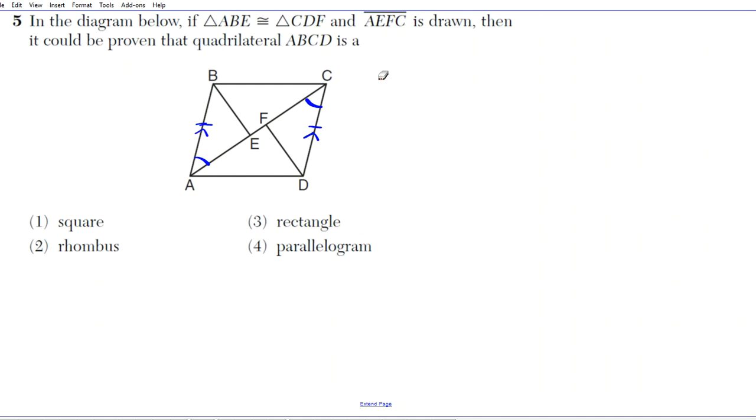Okay? So let's write down a theorem that we're going to be using to guide our problem solving process. The theorem is for proving parallelograms.